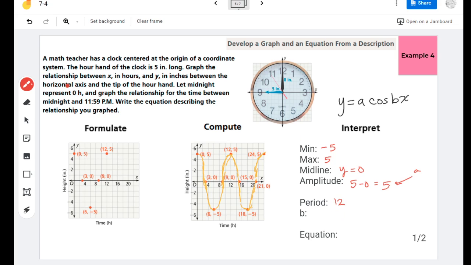So now we need to solve for our b. So remember how we said that the period is 2 pi divided by b? So if I plug in a 12 for that period, I can find b.